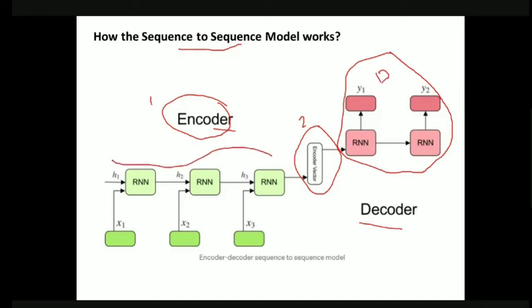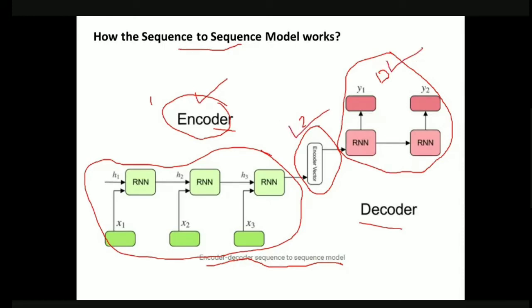Together this is called the encoder decoder sequence to sequence model, because it is working on sequence data. So the model consists of three important parts: the encoder, the encoder vector, and the decoder.